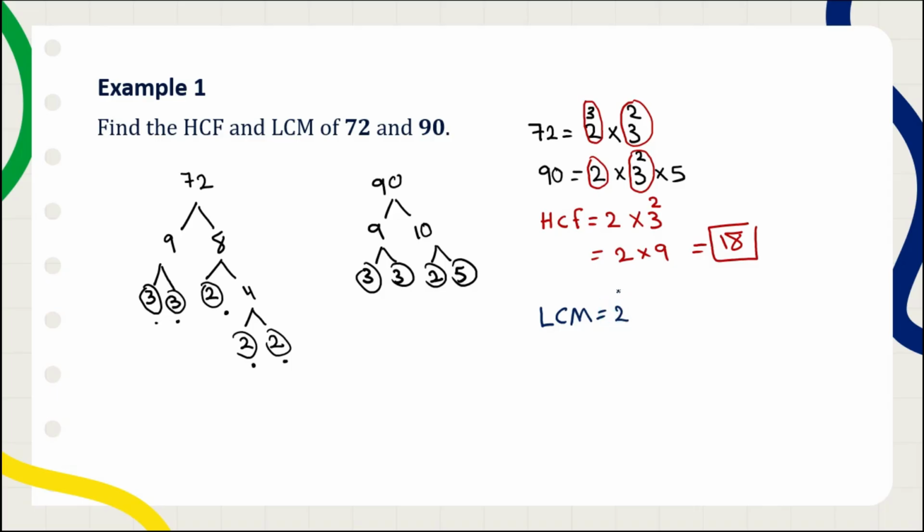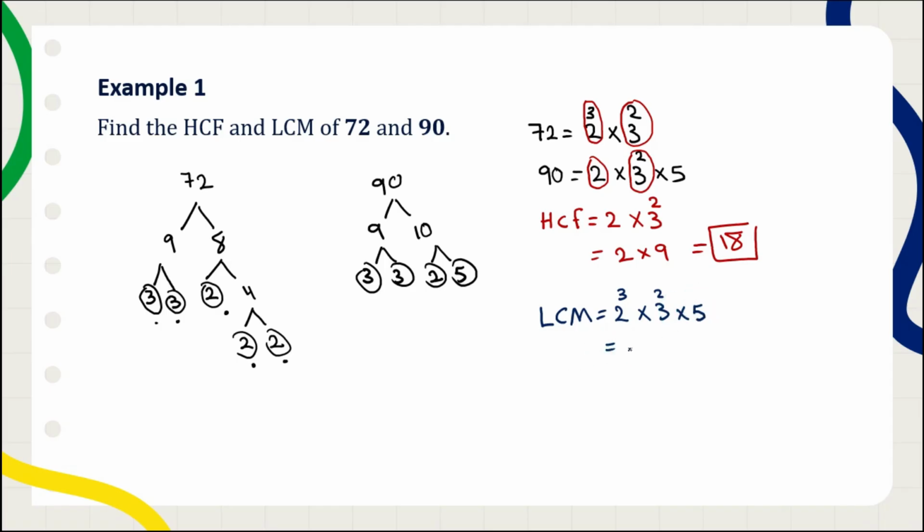Now this is 2 to the power of 3, 2 with the highest power. Both of them have the same power regarding the factor 3, so we take one of them. And we notice that 5 appears only in one number, but it must still be included in the LCM. We are going to multiply with it as well.